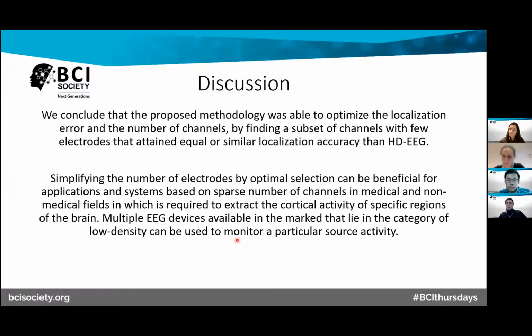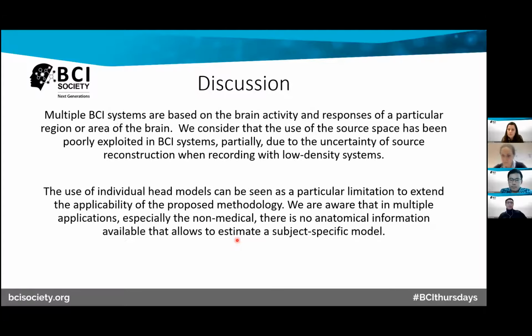So there are multiple devices in the market that lie in the category of low density EEG that can be used to monitor a particular source activity or a particular brain function that can be monitored with a few channels. Also, there are multiple BCI systems that are based on brain activity and response of particular regions of the brain that can use this information.